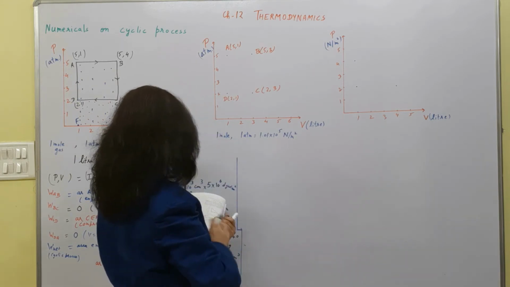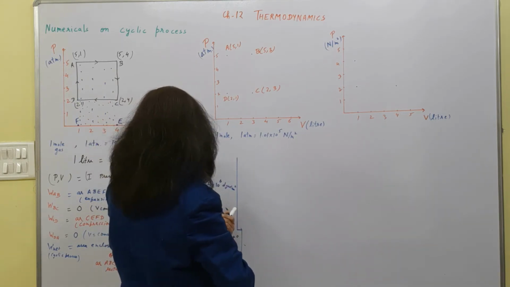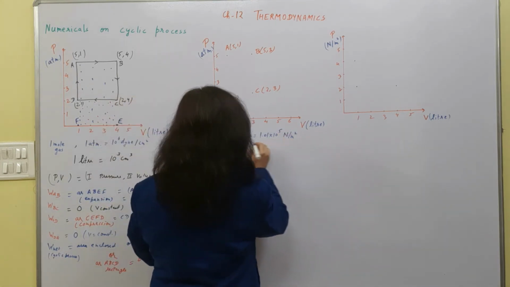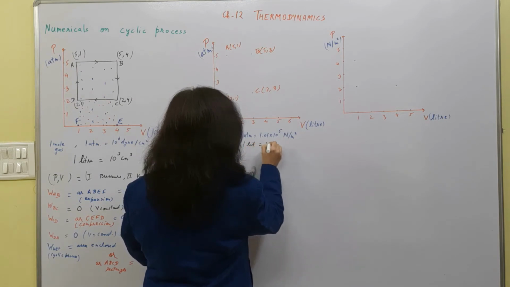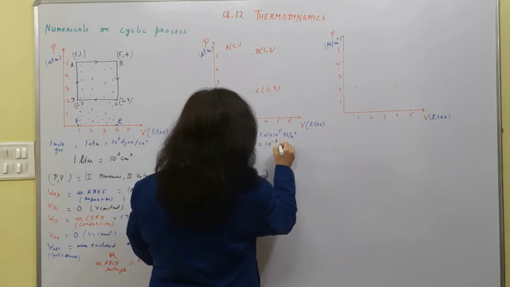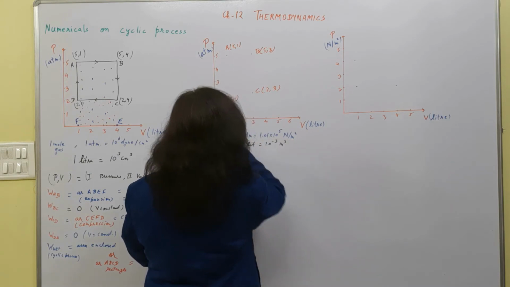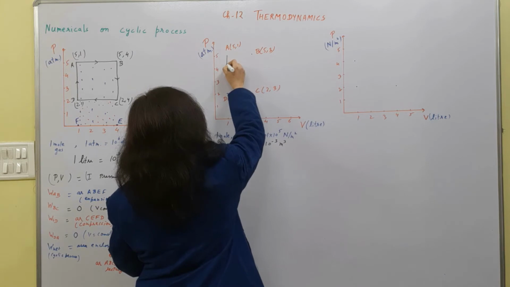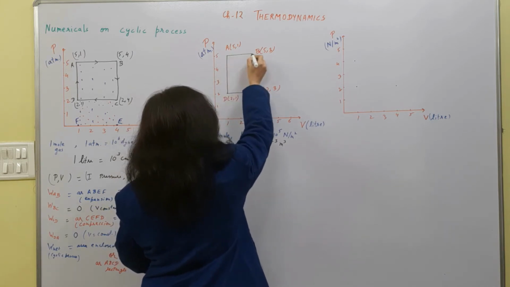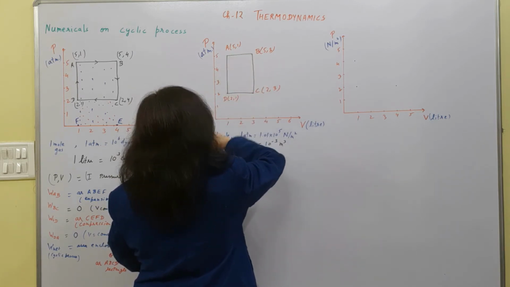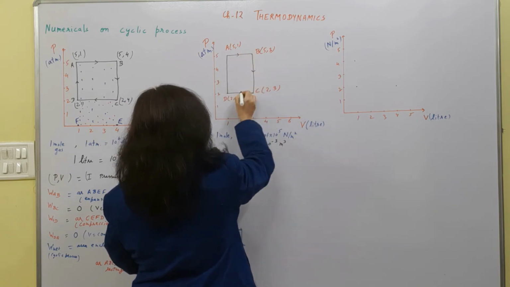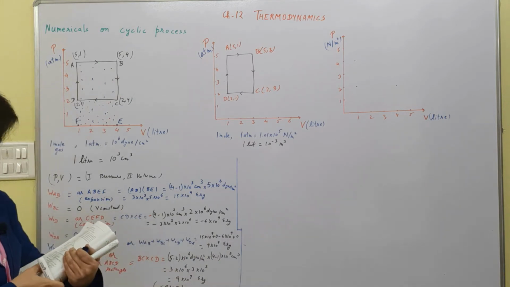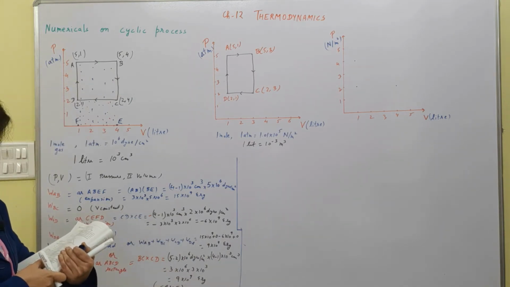So 1 liter is equal to 10 to the power minus 3 meter cube, and we have to find the work done in AB, BC, CD and DA process as before. The only thing is we have to take care of the units which we are using here, right?